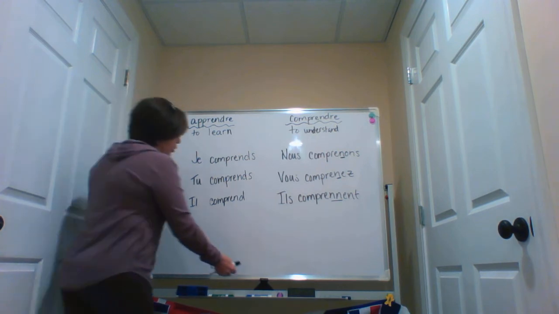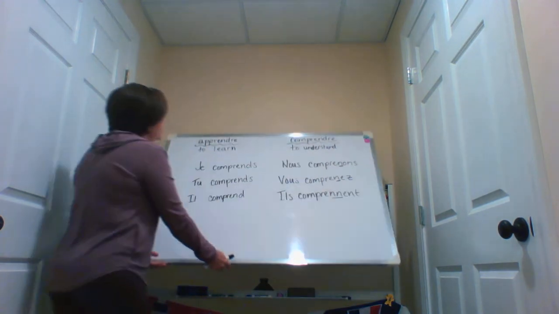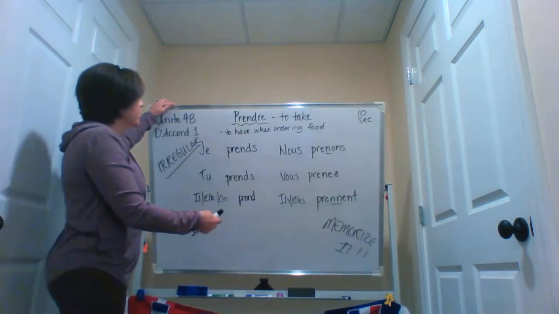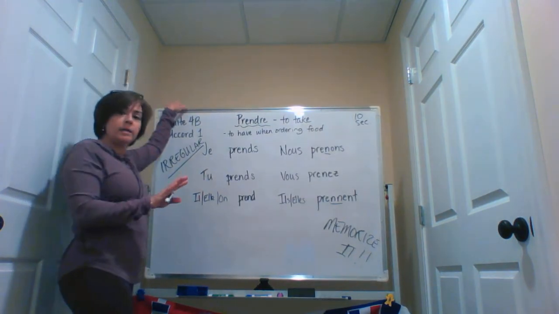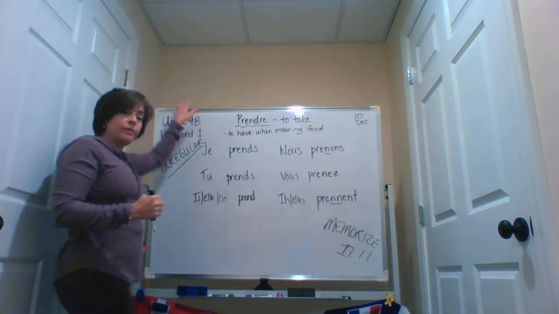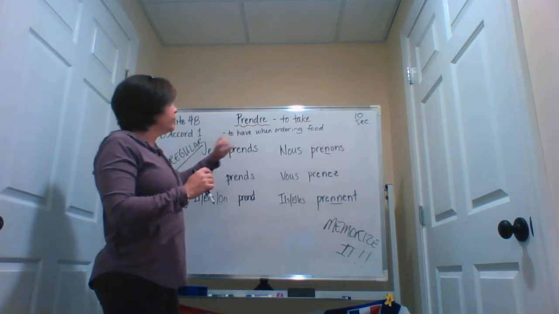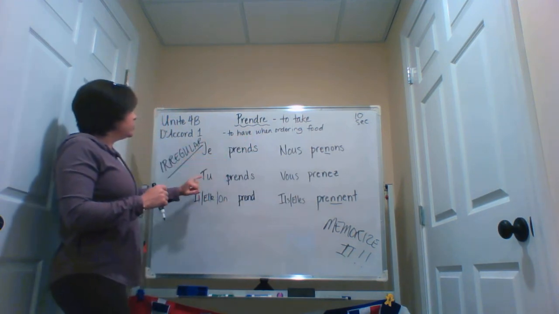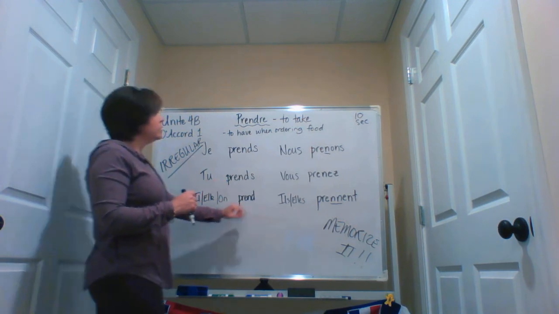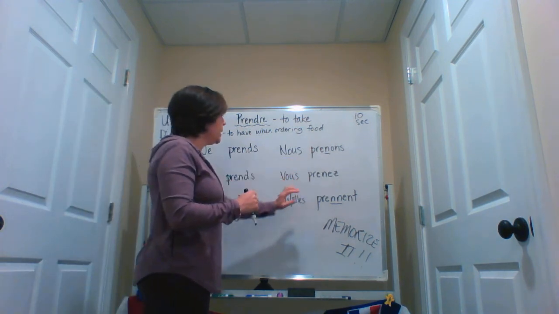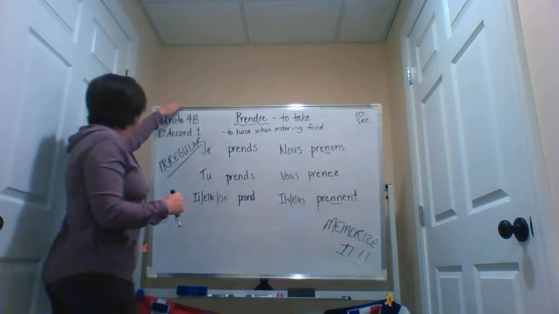All right. Three verbs in the same family that you're learning. Let's take a look. Prendre, to take or to have, meaning you're going to have a certain type of food. Je prends, tu prends, il prend, nous prenons, vous prenez, ils prennent.